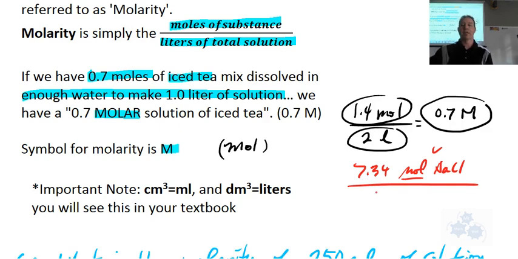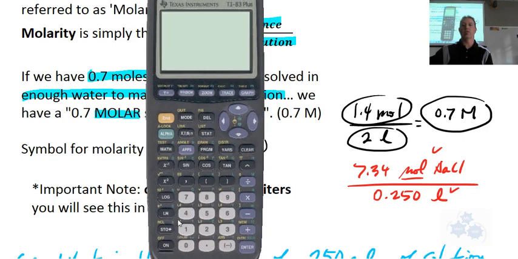And what is that? 0.250 liters. Now we've got moles and liters, so we simply divide those numbers. So 7.34 moles divided by 0.25 liters gives us an actual molarity of 29.36.